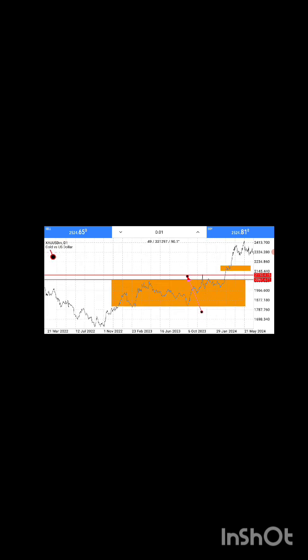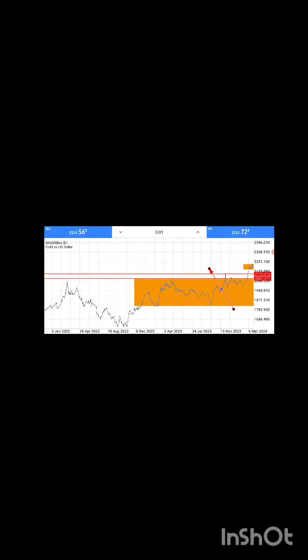Before you find the answer to this question, first of all, measure the input pips. Very important. When you measure the input pip, you measure it from a swing to the boundary of the range.